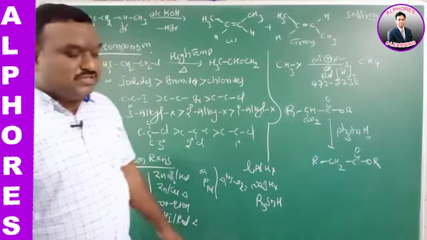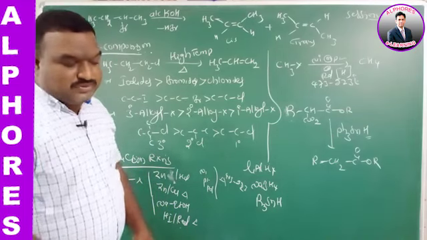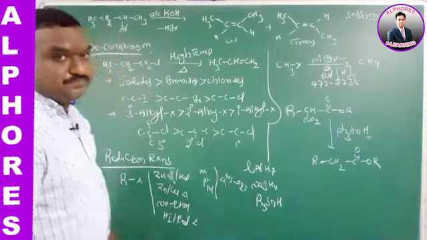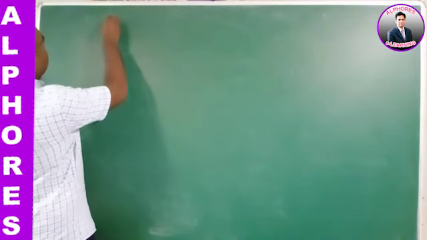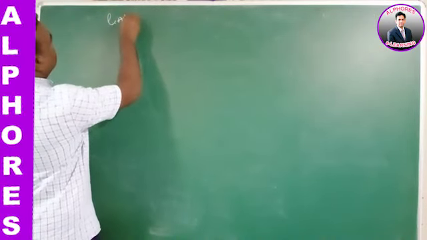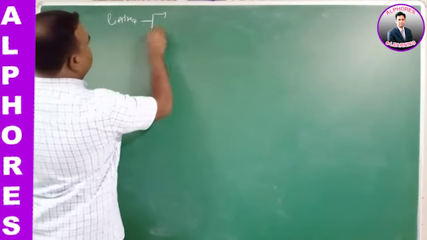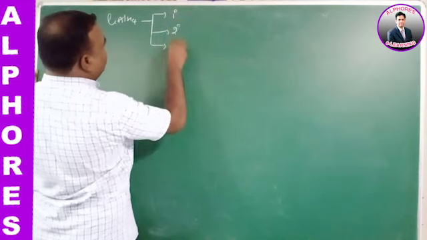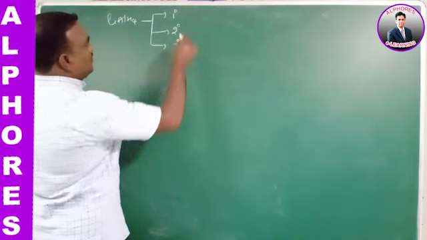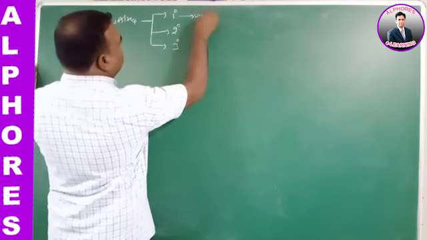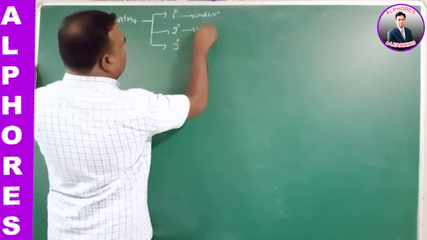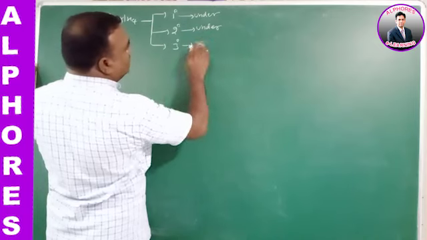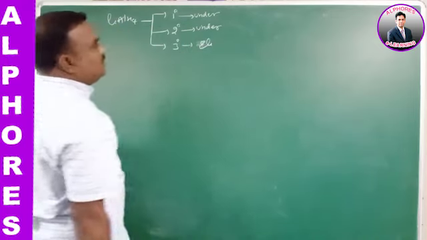So if you take lithium aluminum hydride, with primary alkyl halide, secondary alkyl halide, tertiary alkyl halide: the primary alkyl halide undergoes reduction and the secondary alkyl halide undergoes elimination reaction.